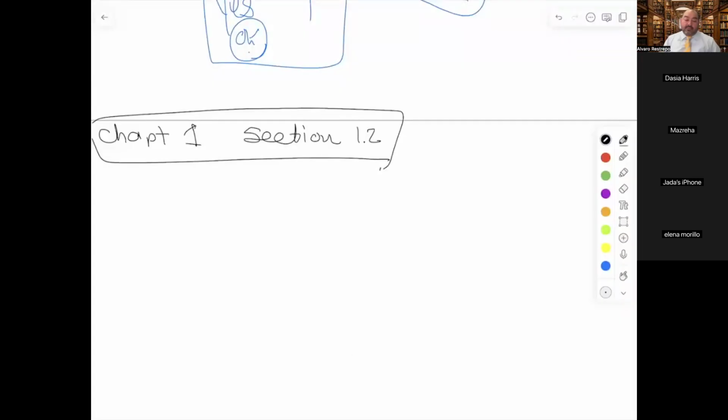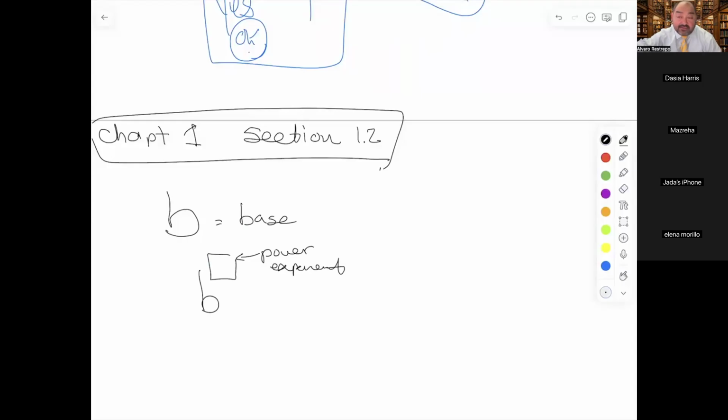So remember this. You have a base. B for base. So you have a base that is raised to a power. This is the power. We also call this an exponent.